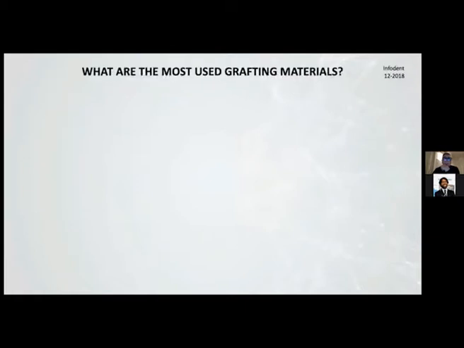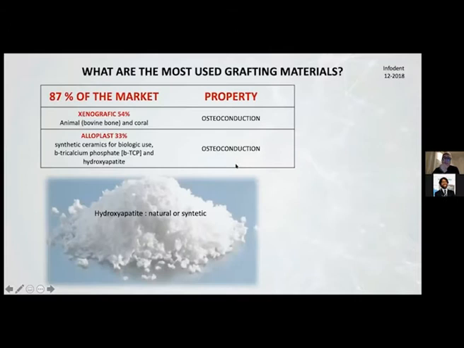So what are the most used graft materials? The most used are xenograft and alloplast. They are 87% of the market, and the only property is osteoconduction.